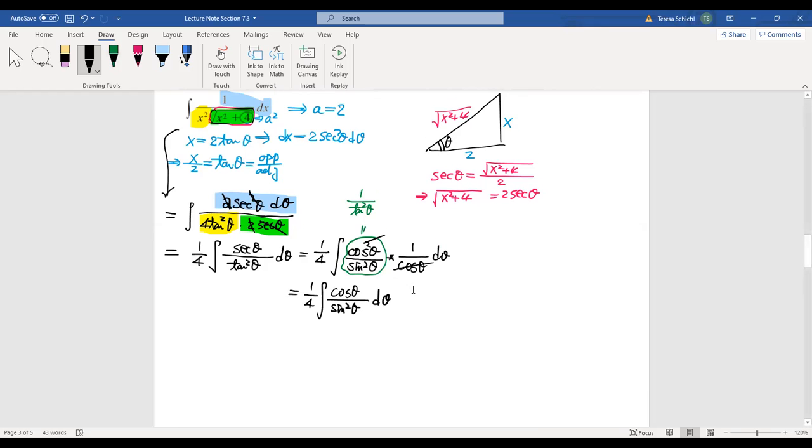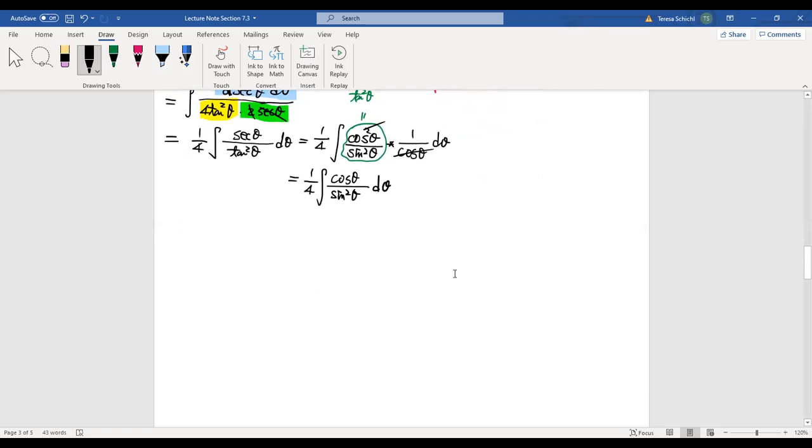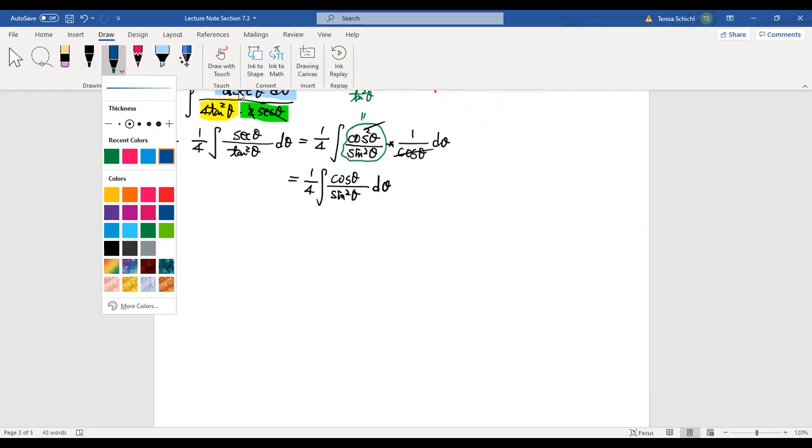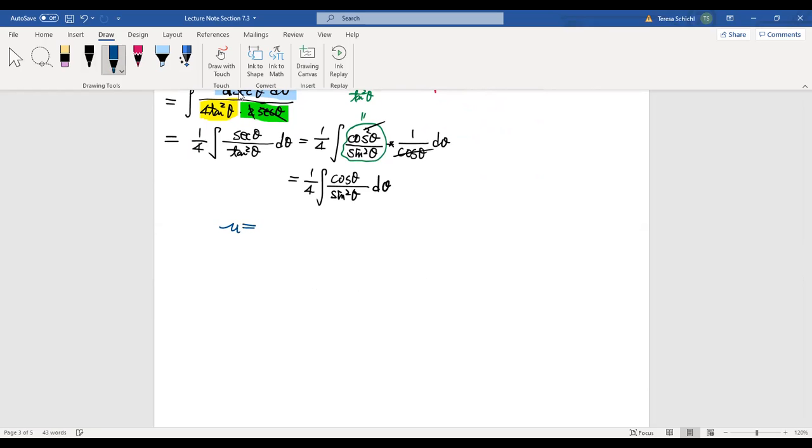Then we say, okay, from the previous lecture, because there's a cosine theta d theta, I know I can do the u sub, right? So now you do u sub, so u is equal to what? u is equal to sine theta, right? Now what is du here? du will be equal to cosine theta d theta.